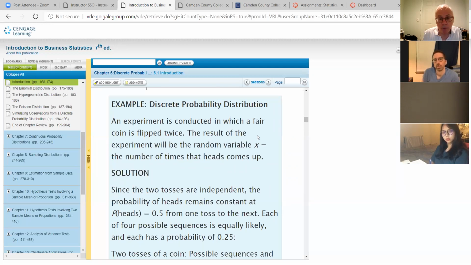How about, what's the probability of getting 1 head? 1 in 2. That's correct, because there's two possibilities. Either the first flip is a head and the second one is a tail, or the first flip is a tail and the second flip is a head.